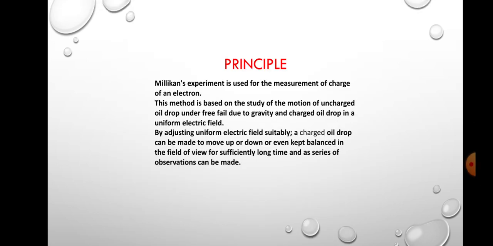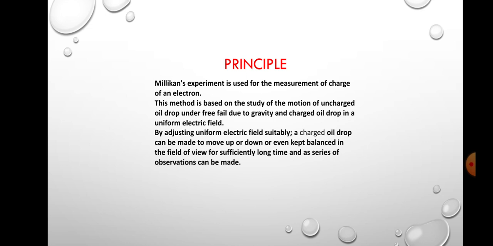And now here is the principle for this experiment. Millikan's experiment is used for the measurement of the charge of an electron. This method is based on the study of the motion of uncharged oil drops under free fall due to gravity, and charged oil drops in a uniform electric field.